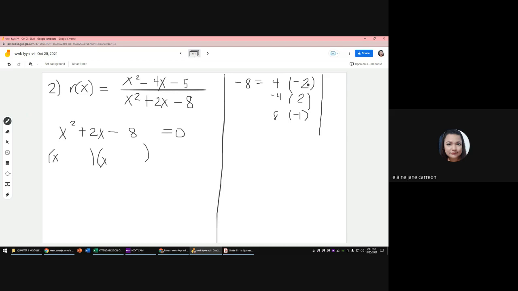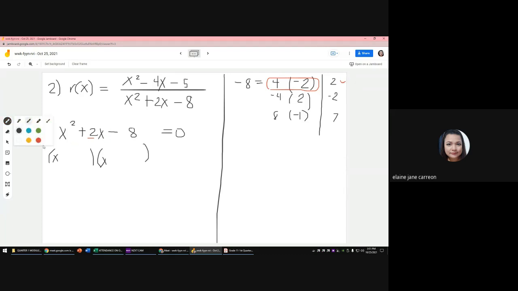So 4 plus negative 2 is positive 2. Negative 4 plus 2 is negative 2. 8 plus negative 1 is positive 7. So ano hanap natin? Positive 2, di ba? So we will take this one. Ito yun, no? Positive 2.